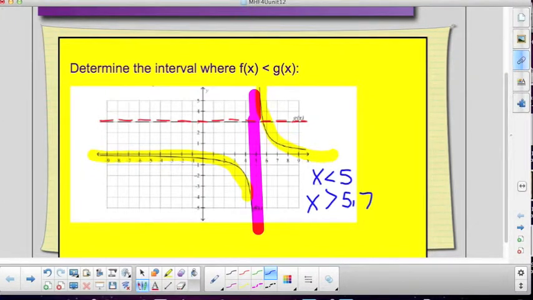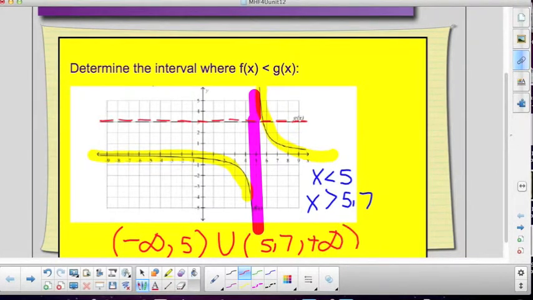in the textbook. But on the test, sometimes your answer has been translated to negative infinity, positive infinity, and it might look something like this. So x is less than 5. This is going to go all the way to negative infinity. So if I'm writing this in notational form, it could be represented as negative infinity, comma 5, and the union of 5.7 all the way to positive infinity, right?